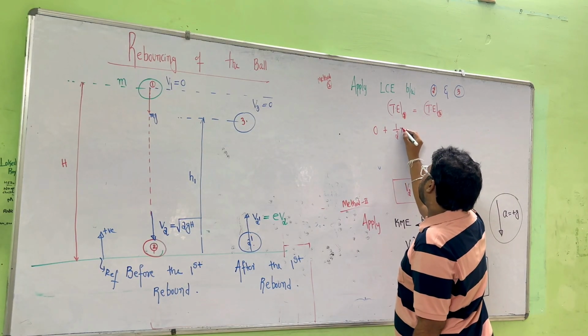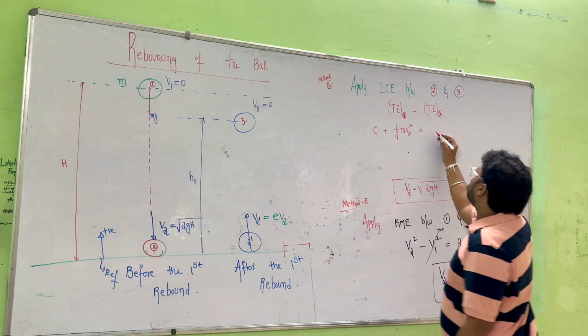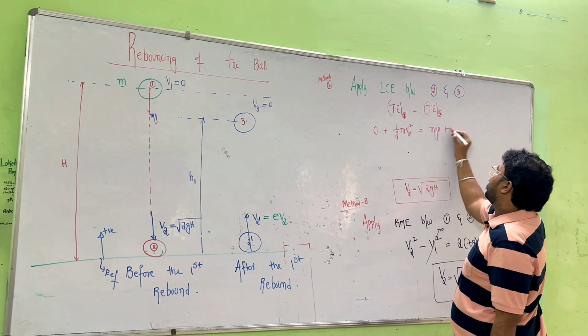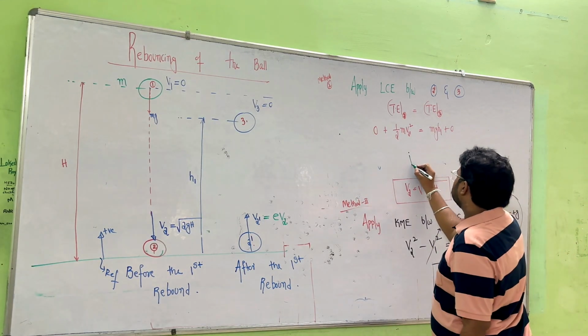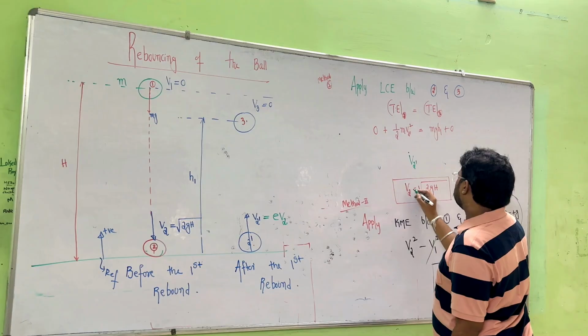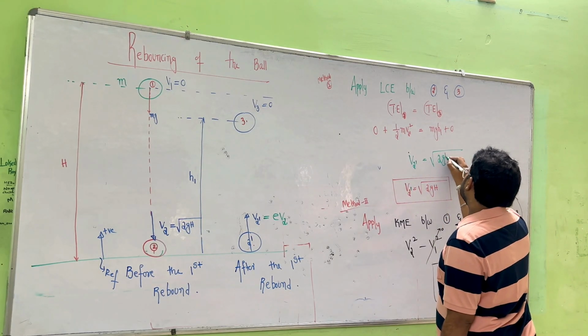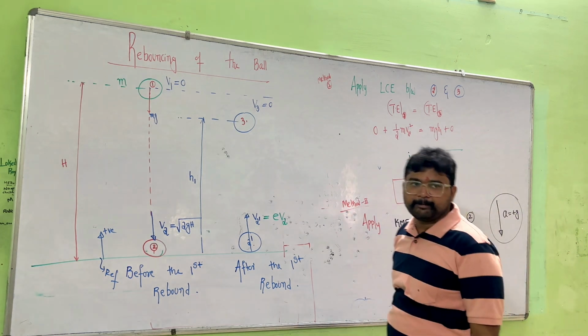Kinetic energy at 2 dash is half m v2 dash squared. That equals potential energy mgh1, kinetic energy 0. v2 dash equals how much? Square root of 2gh1.